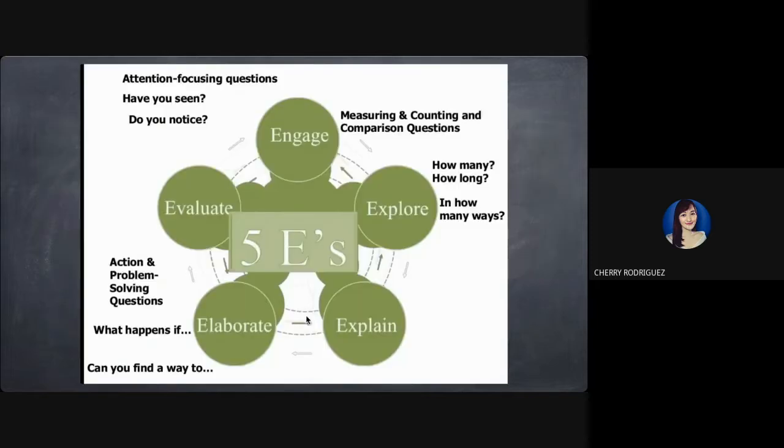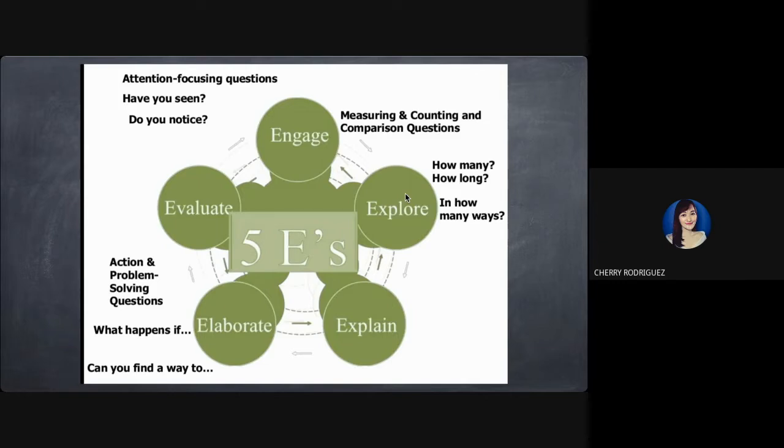About the 5E's, we have here the five components. First is the engage, which measures and counts, and works through comparing questions. Then the explore phase answers how many, how long, in how many ways, and we give the critical thinking questions there.